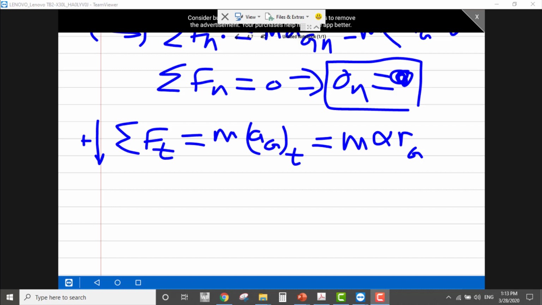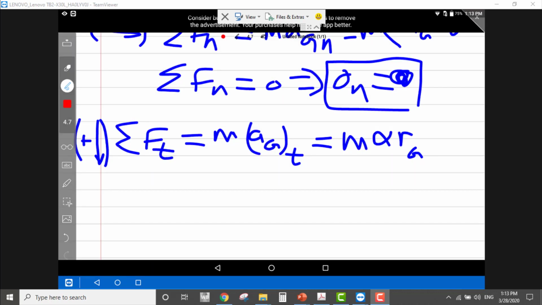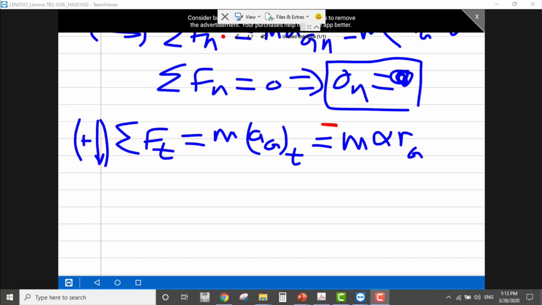If we assume the opposite, what is the modification? We add a minus here. If you start with that assumption, you must substitute minus. So this is why I select the axis based on the tangential acceleration and normal acceleration.